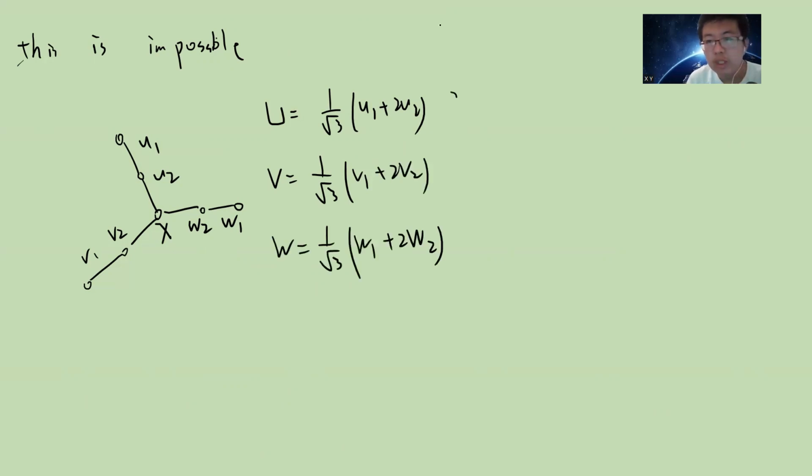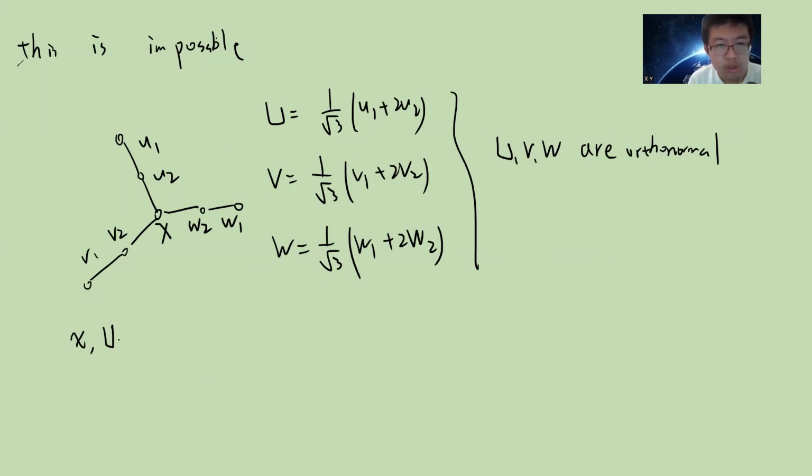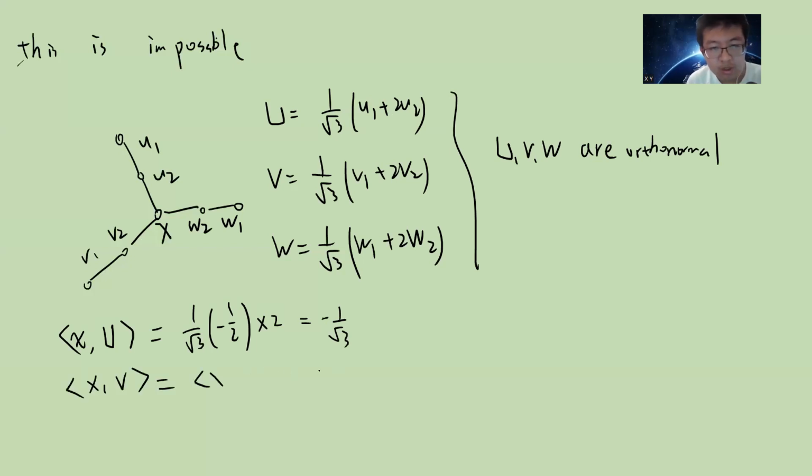And your simple exercise is, as we proved before, that U, V, W are also unit vectors. You can check by yourself. Now let's compute the inner product of X and U. XU will be square root of 3 over 2, but there's a U, right? So times 2. And also XV equals XW is also this.